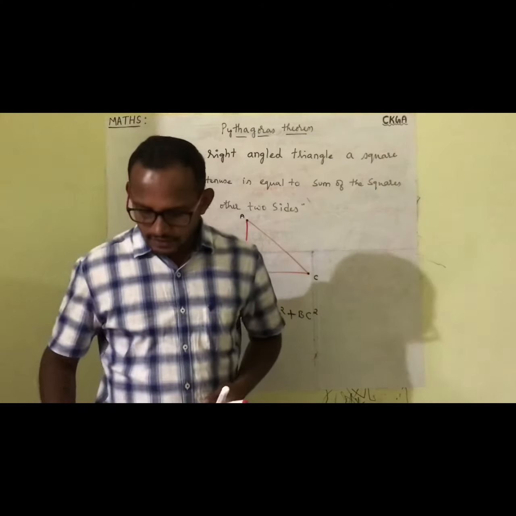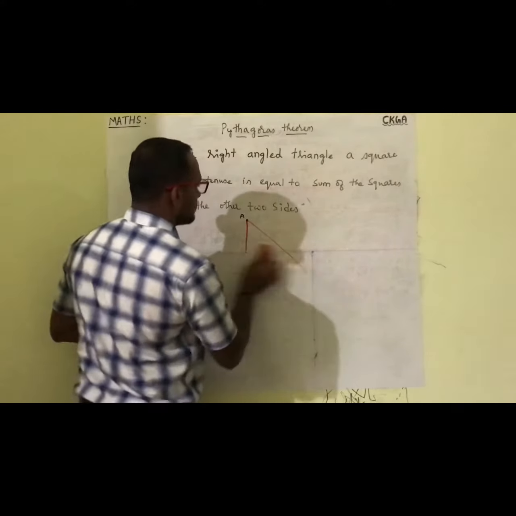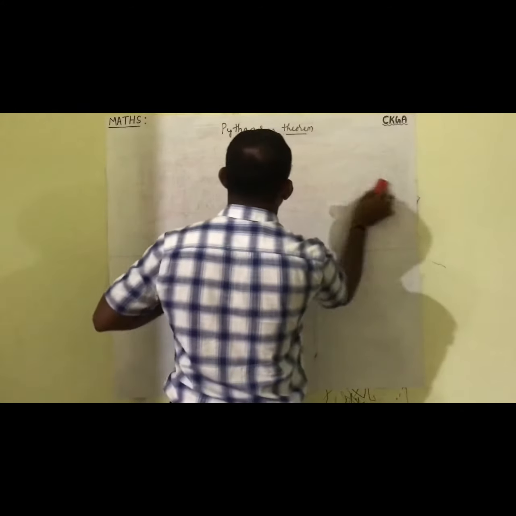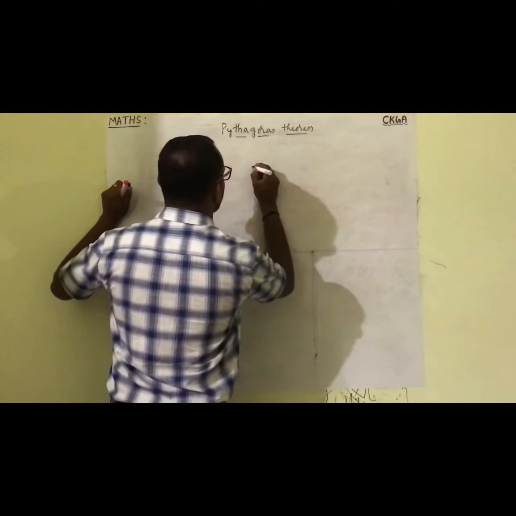Let's take one small illustration of a right angle triangle. How does this work? Let me take a small right angle triangle.